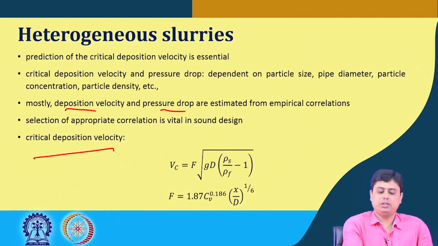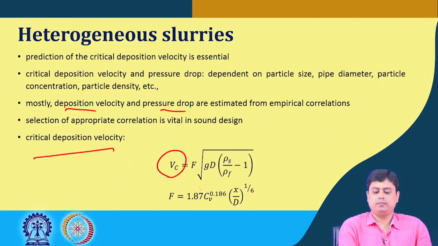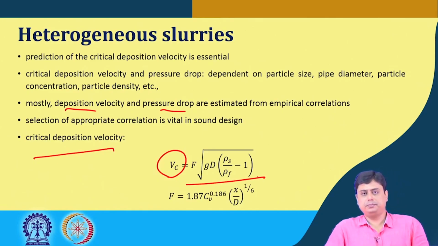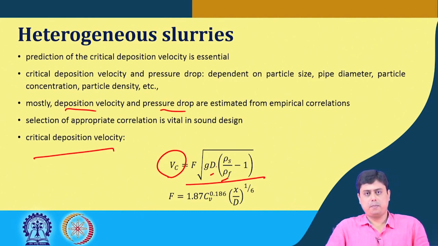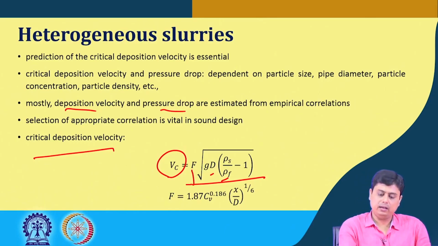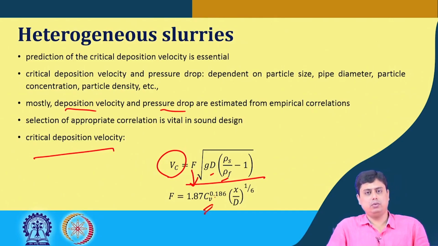The critical deposition velocity is given by this expression, where rho is the solid density, rho F is the fluid density, d is the diameter, g is the gravitational constant. This F is a factor that is dependent on the solids concentration, the volume concentration of solids.